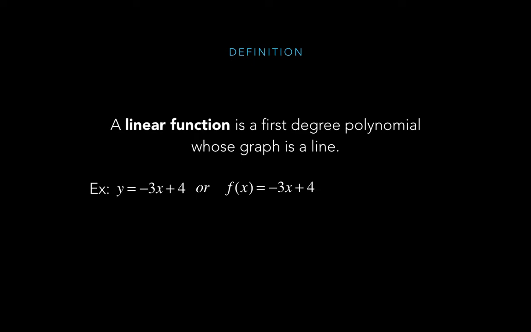It's negative 3x plus 4. So you don't have exponents in these types of functions. It'll just be x with no exponent. You could write that same function using function notation, f of x. So that is a linear function.